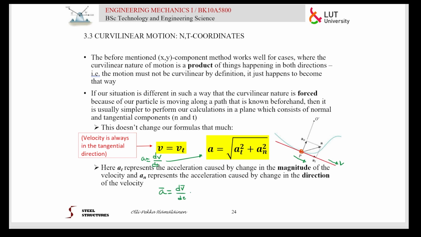And when we take the derivative of a vector, we have to derive the magnitude with respect to time, and derive the direction with respect to time. And when we do this, the acceleration appears with two terms, the tangential term and the normal term.